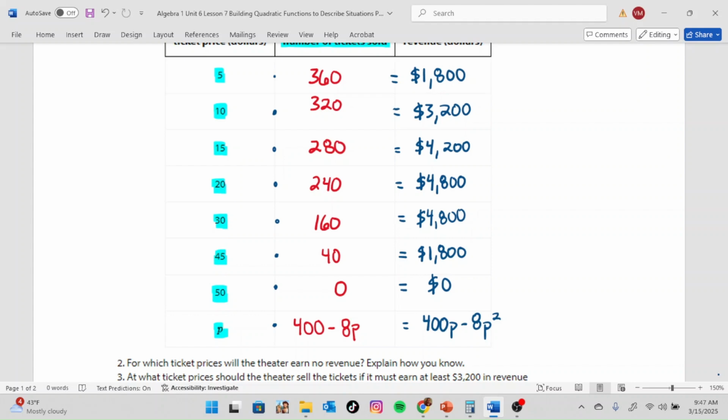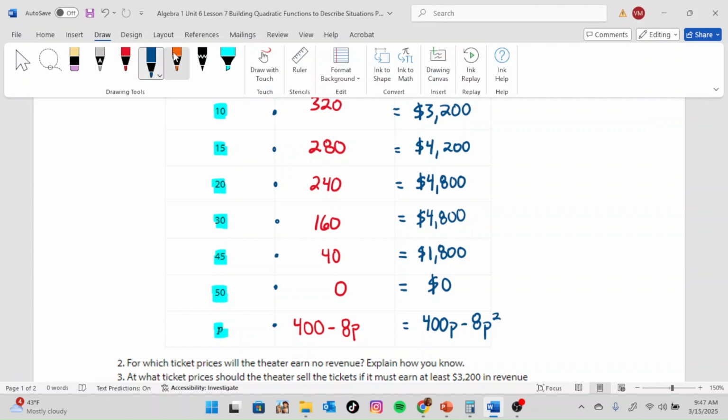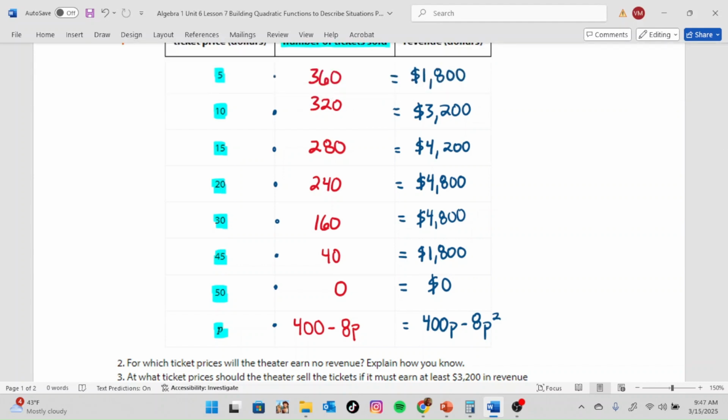Number 2. For what ticket prices will the theater earn no revenue? Explain how you know. Well, one of them we can see right here. We said that $50 ticket prices would result in no tickets being sold because the price is too high.